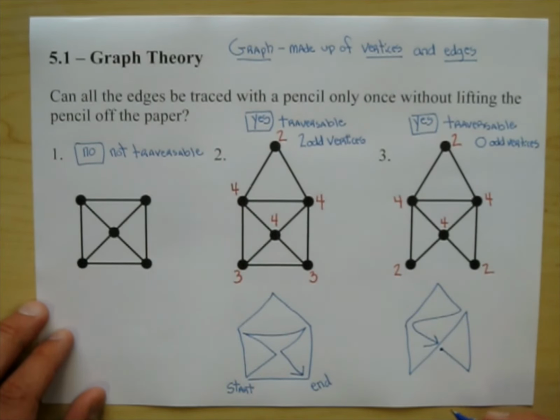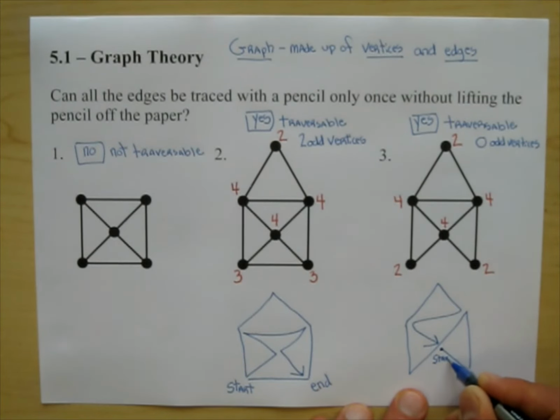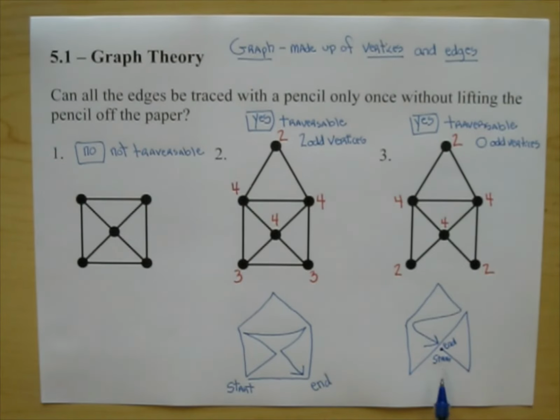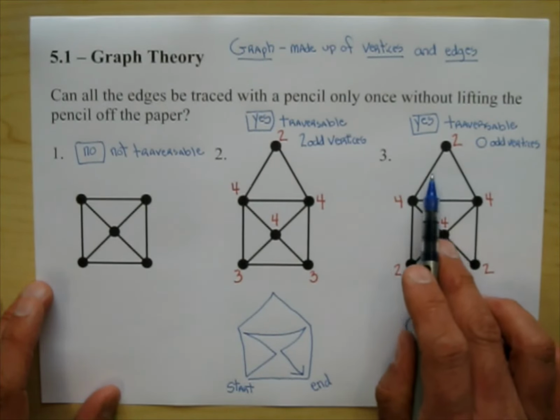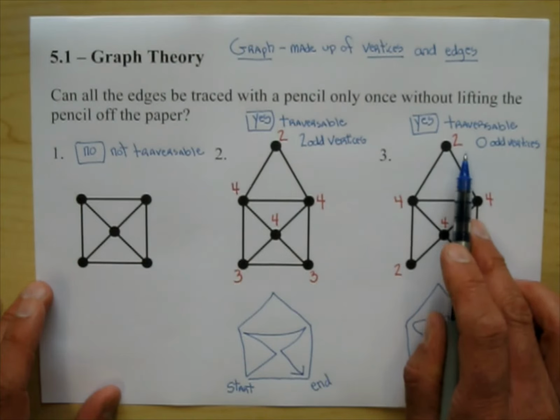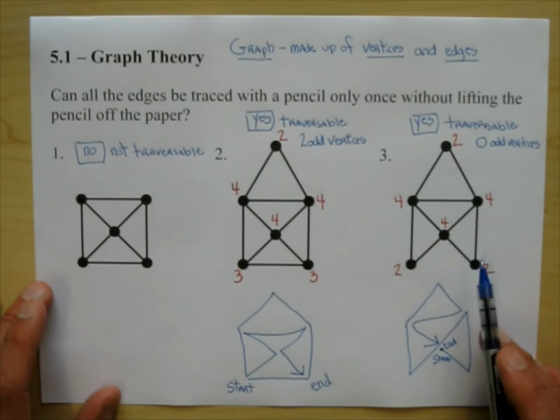And I'm just going to tell you, because look at your journey here. You start and end at the same vertex. So because this one had all even vertices, I could have started anywhere.